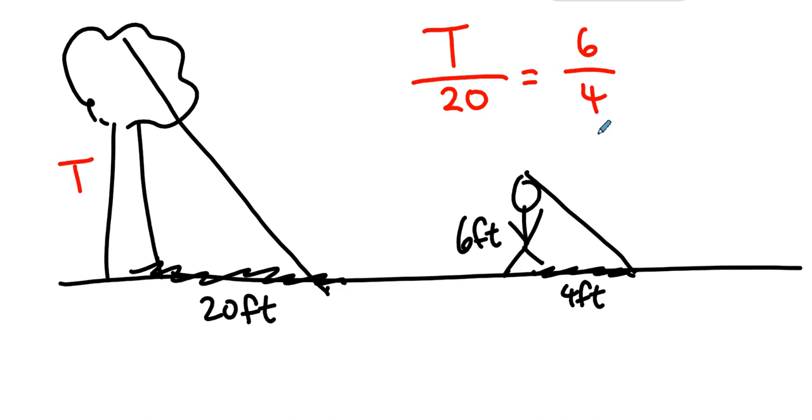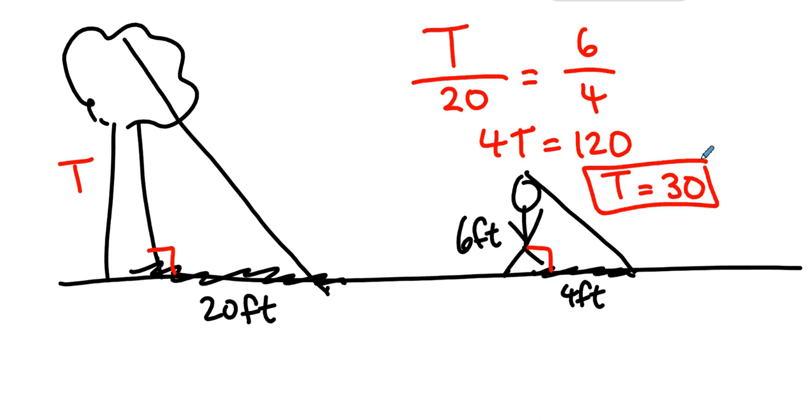And we know that the triangles are similar because we know that things like this are proportional, and we know that that's a right angle in both spots. So we can set up this kind of a proportion, and we can solve it using the cross multiplication that we learned in Math 141, and the tree is in fact 30 feet tall.